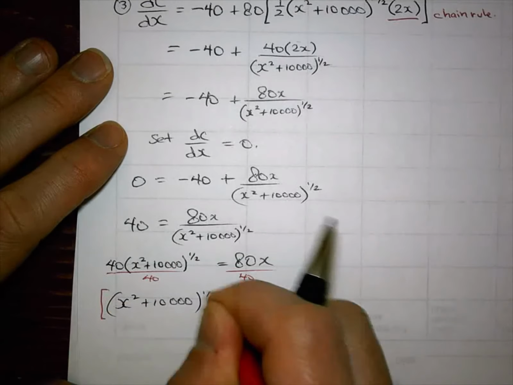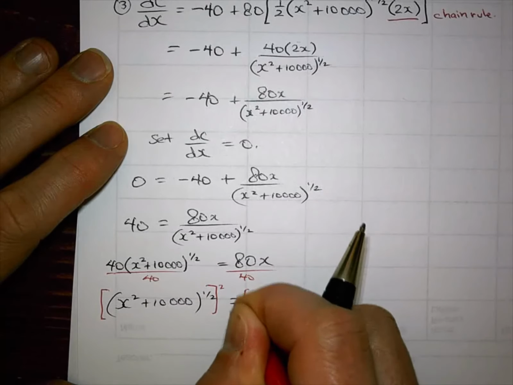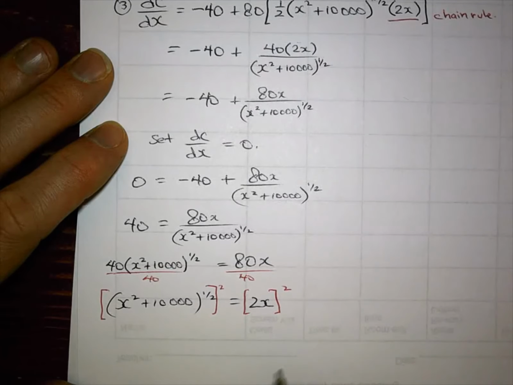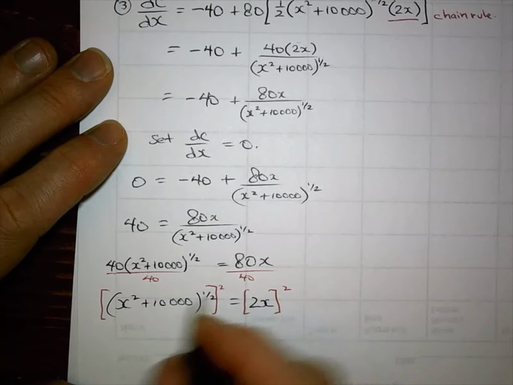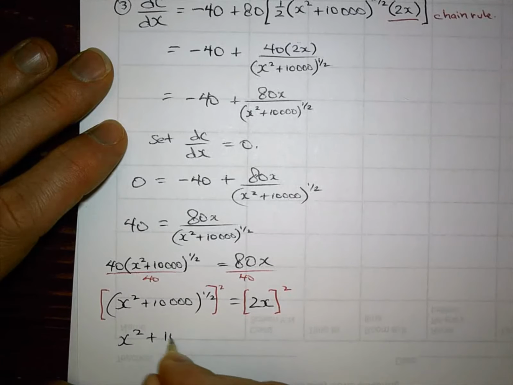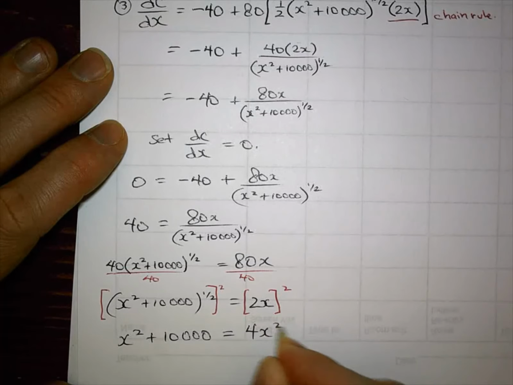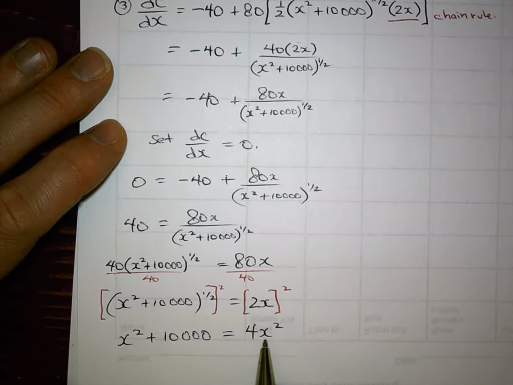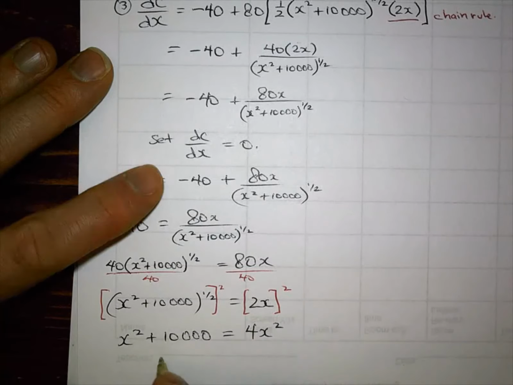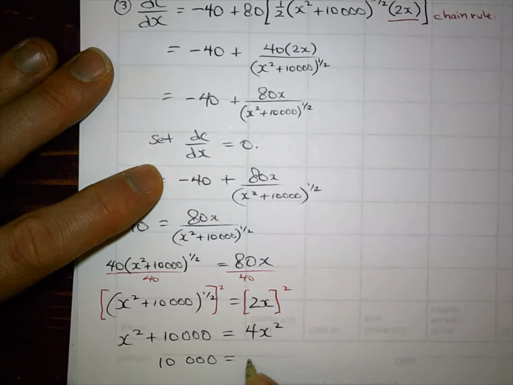I want to get rid of the square root, so I'm going to square both sides. The square and the square root undo each other, so I get x squared plus 10,000 equal to 4x squared. Hey, this is looking pretty good now. I'm going to bring this x squared to the other side, so 10,000 is equal to 3x squared.